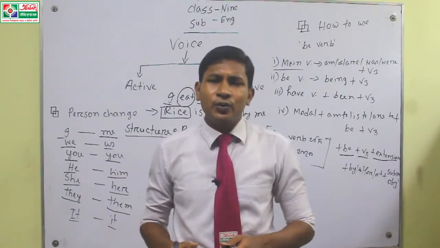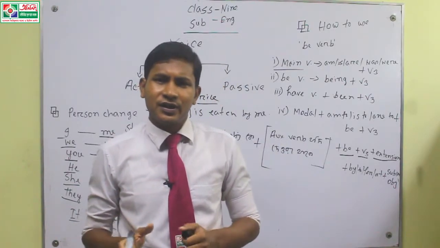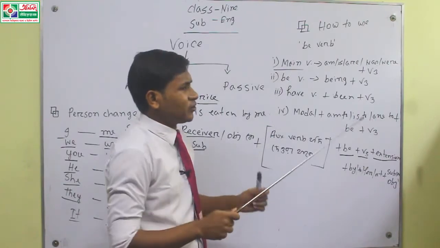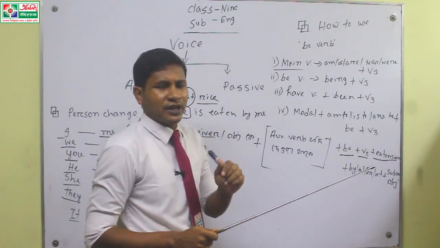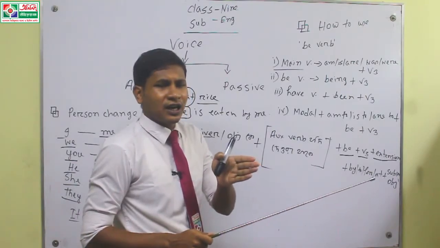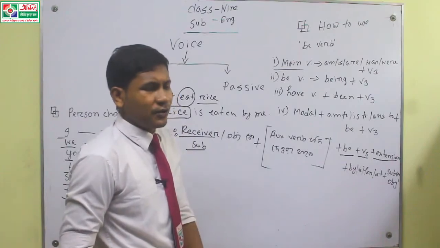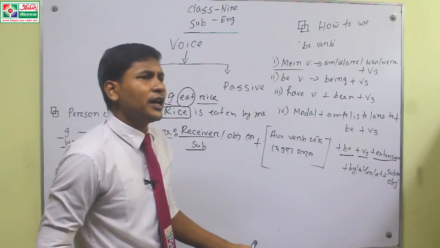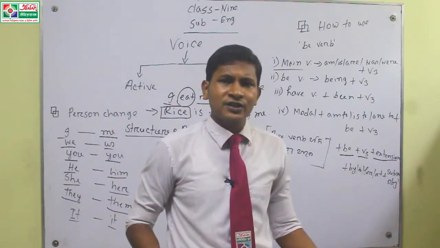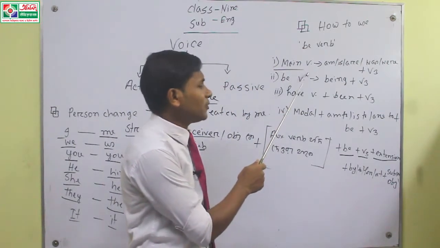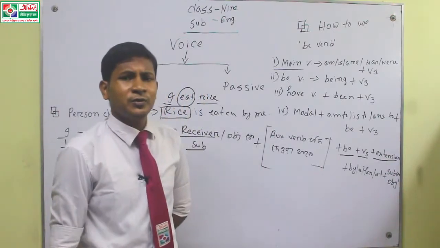Sometimes we see that in a sentence only the main verb is given, and sometimes s or es comes after it. In this way we can use am, is, are, and the pp form of the verb.